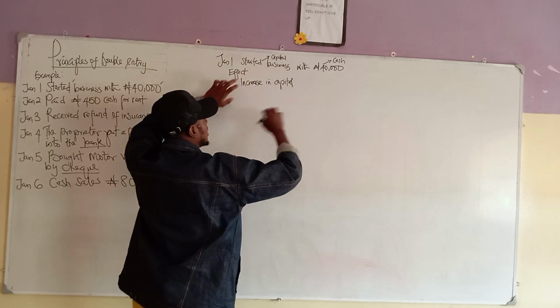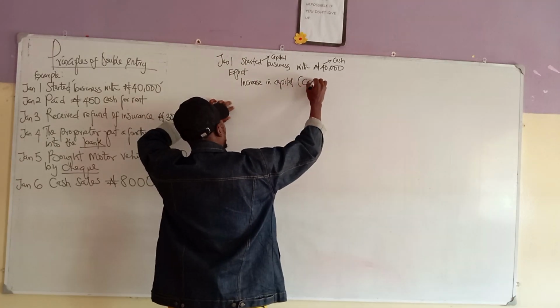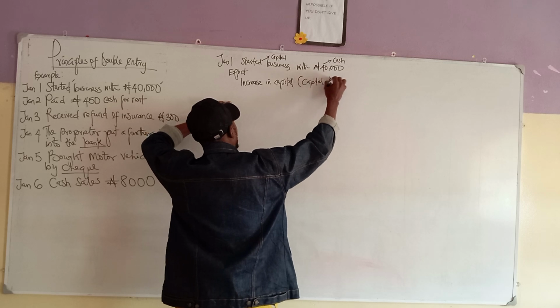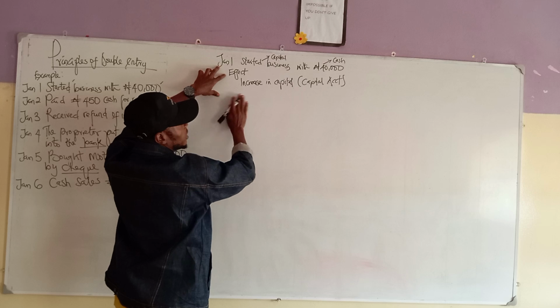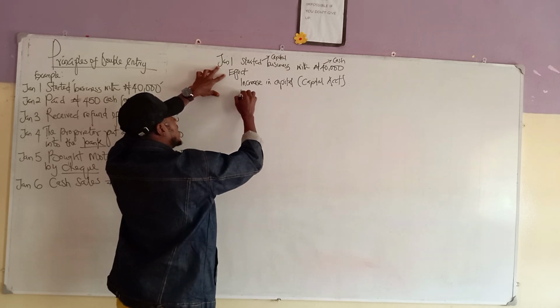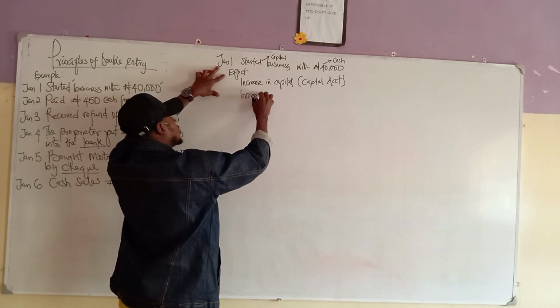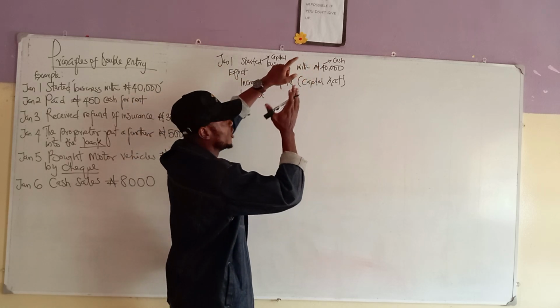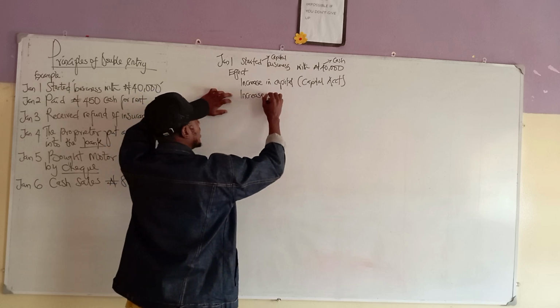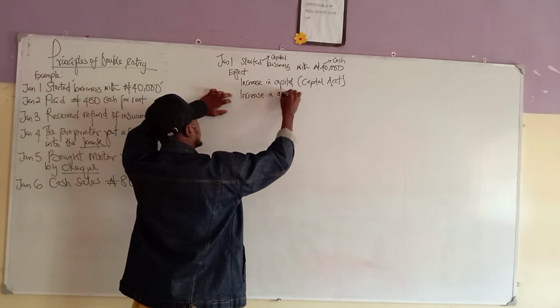Our capital has increased, which is under the capital account. Then number two, what other effect do we have? There is an increase, because when you introduce the money, your cash will go up. So we say increase in assets.